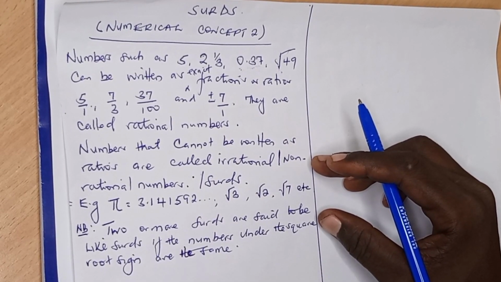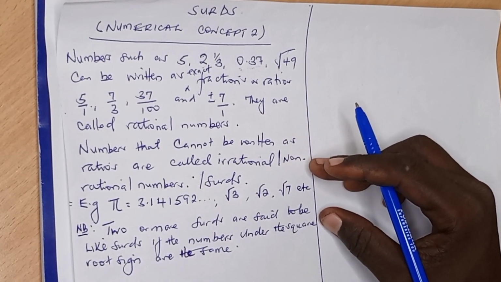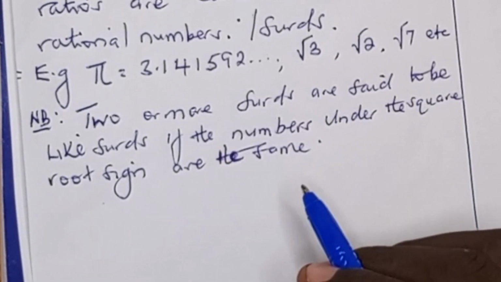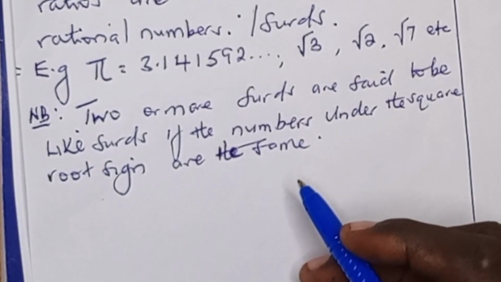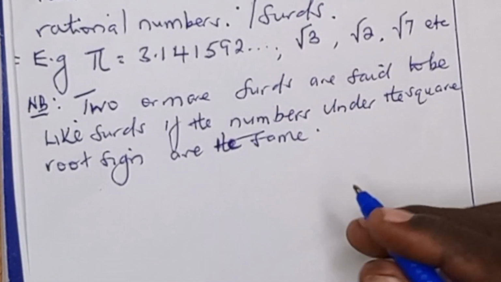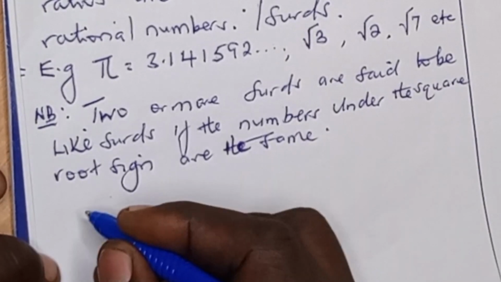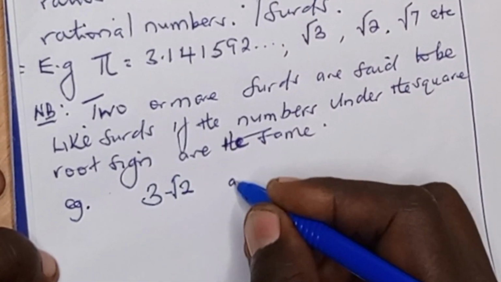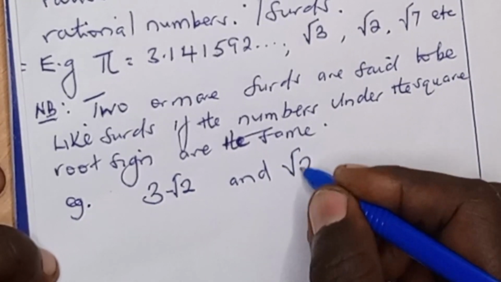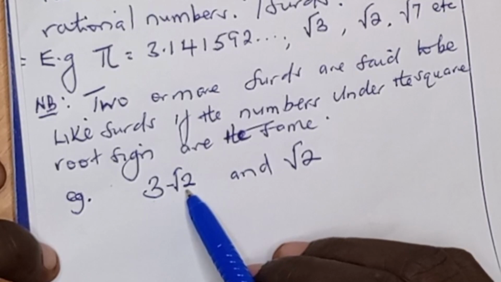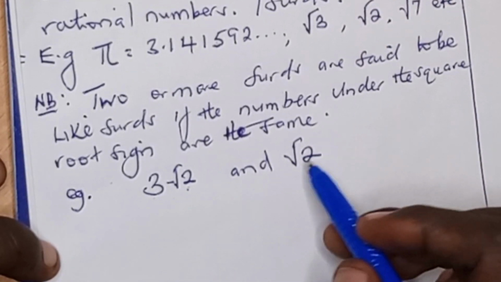How do you know that given SADS are like? Two or more SADS are like if they have the same irrational factors, or if the numbers under the square root are the same. For example, if I have 3 root of 2 and root of 2, in the first SAD I have root of 2, and in the second I also have root of 2.